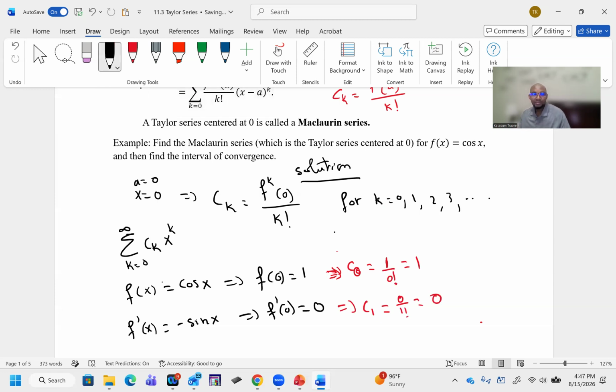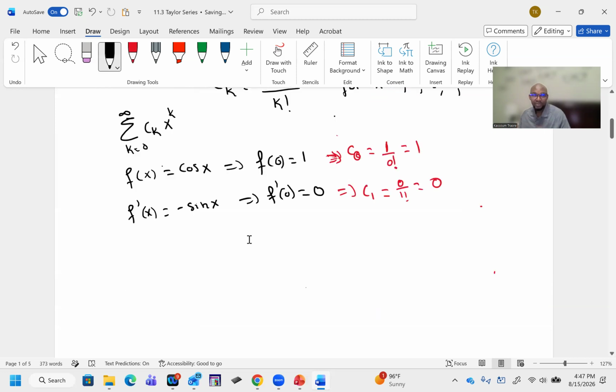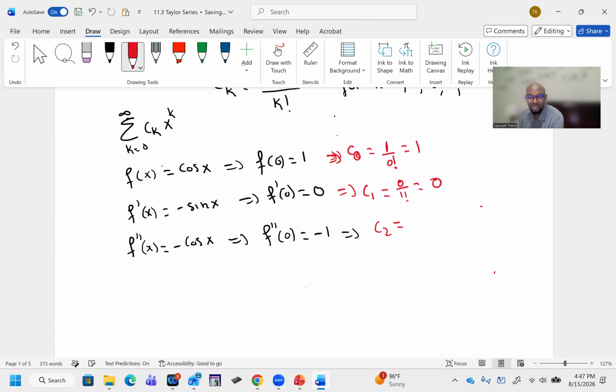And then the second derivative of f of x will be negative cosine of x. So which means the second derivative of f at 0 will be negative 1. So that means my c sub 2 will be equal to negative 1 divided by 2 factorial, right?